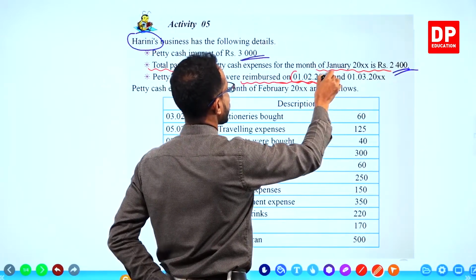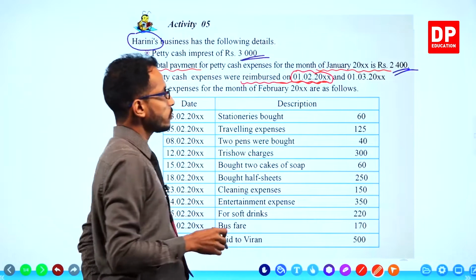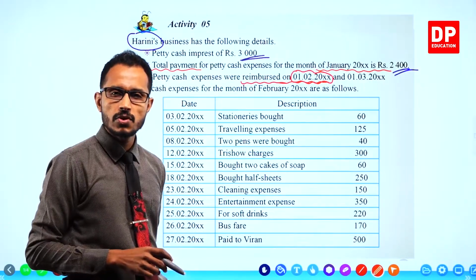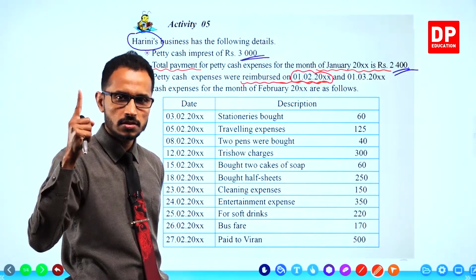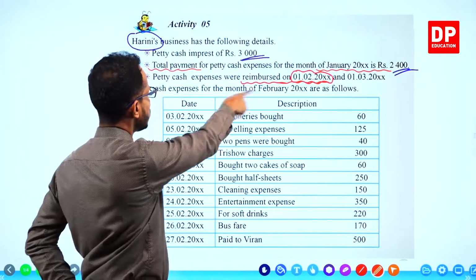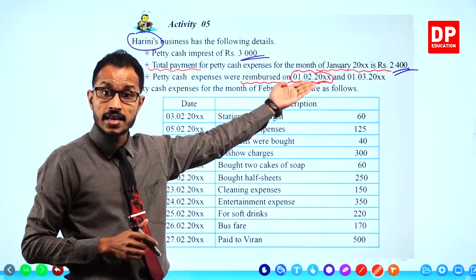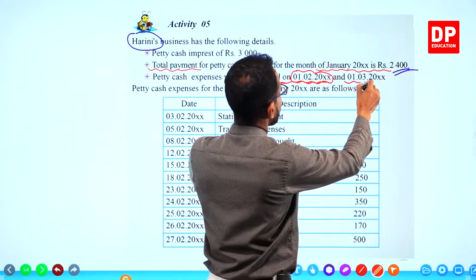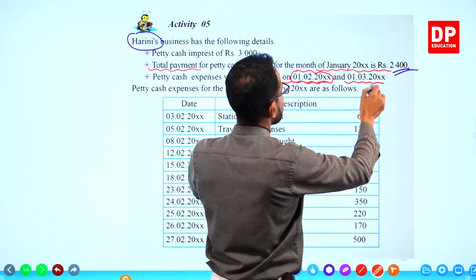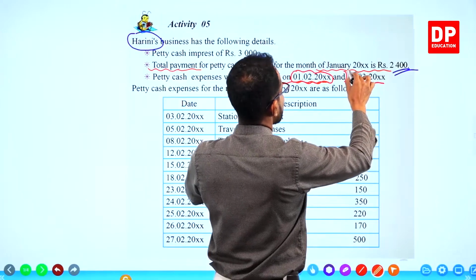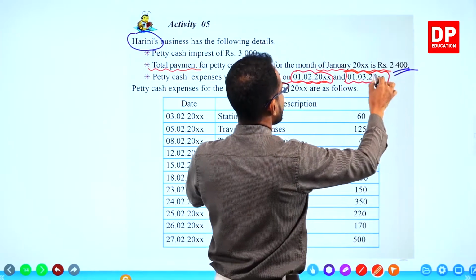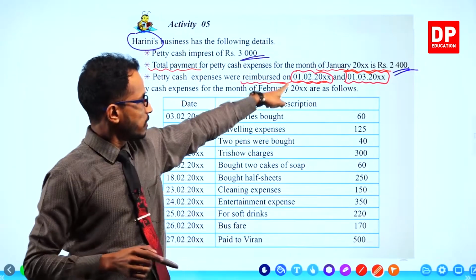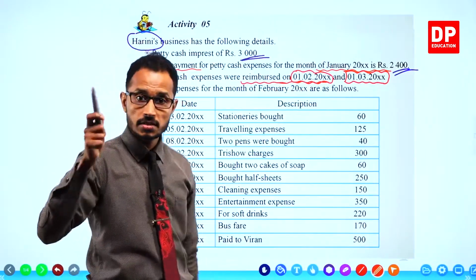Okay. 1st of February, the next month, reimbursement received from the main cashier. And 1st of March too. The next 2 months, I mean, 1st of February, we have received the reimbursement.